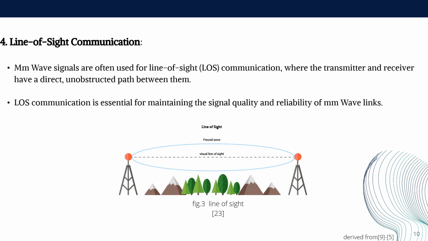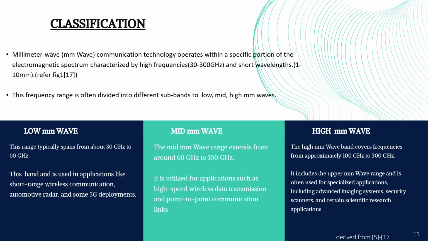According to this figure, we also see that there are transmitting and receiving antennas, but in between them there is an unobstructed and direct path. So this is line of sight communication, which is mainly used for maintaining or improving the quality and reliability of the millimeter wavelengths.